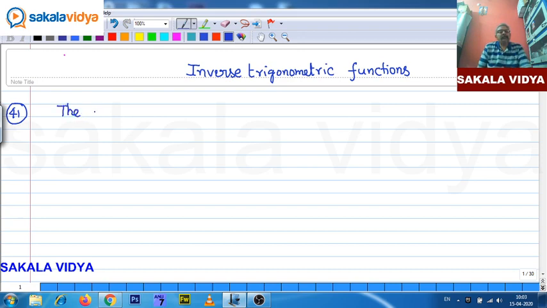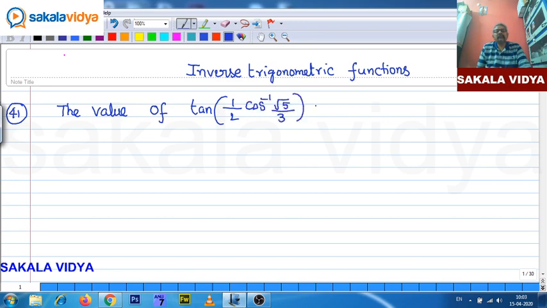The value of tan of cos inverse root 5 by 3 equals to, this is the question.